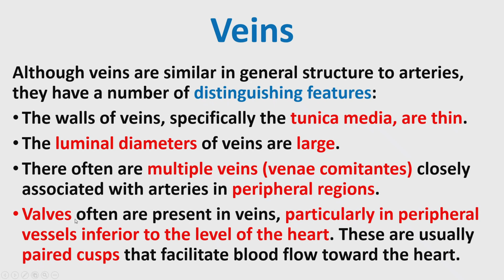Another difference between the artery and veins is that veins contain valves, especially in the peripheral vessels inferior to the level of the heart, because they have to pump the blood against gravity, and that's why they need this functional system of valves that can facilitate the blood flow toward the heart.